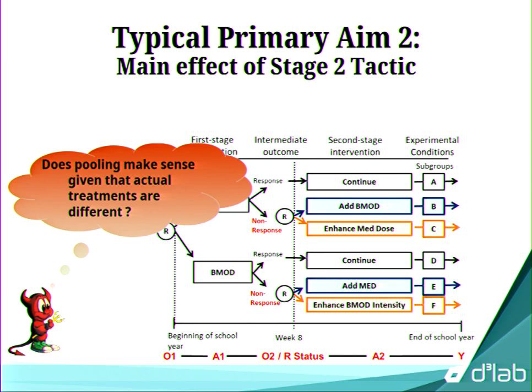And by the way, if it doesn't make sense, don't pool. I'm serious, right? If it doesn't make sense scientifically, if you cannot justify it, then that's not the right way to go about this primary aim. Does that make sense? Okay.